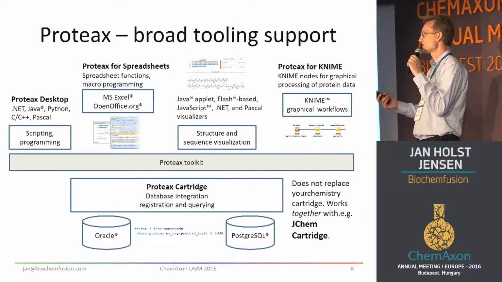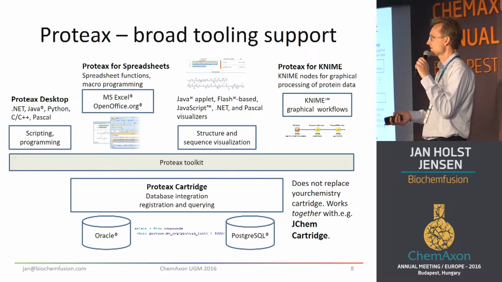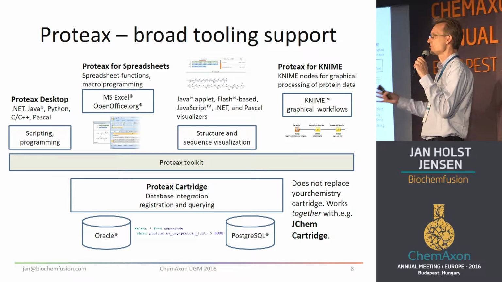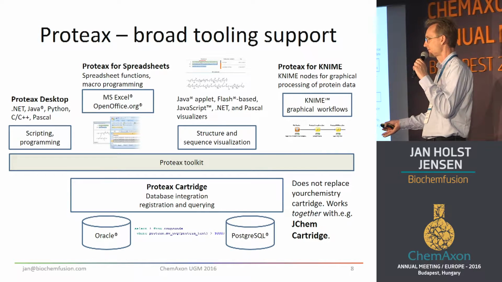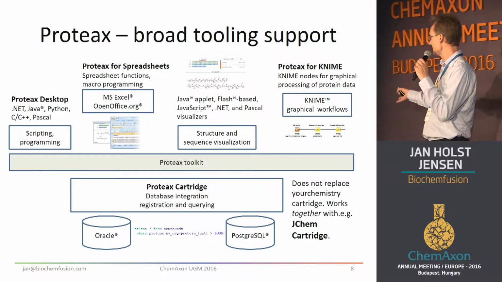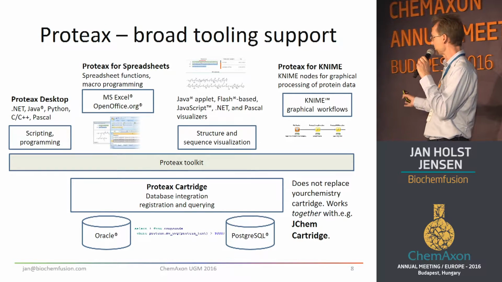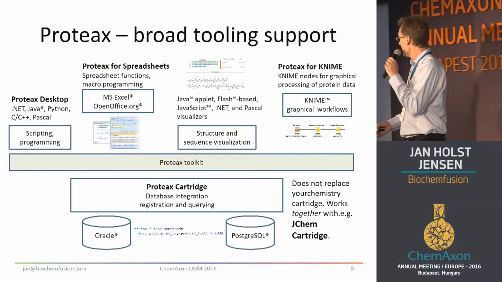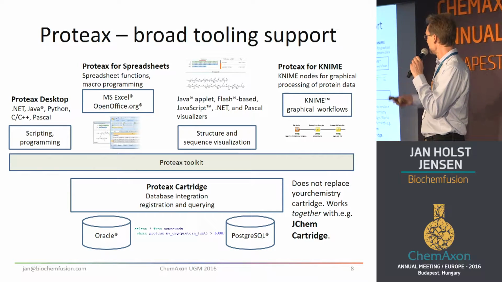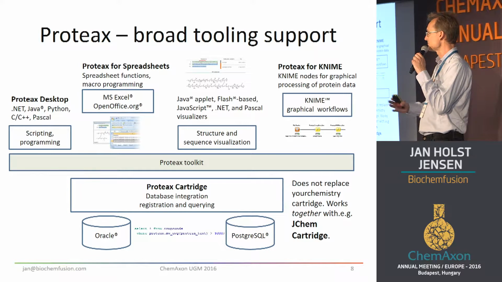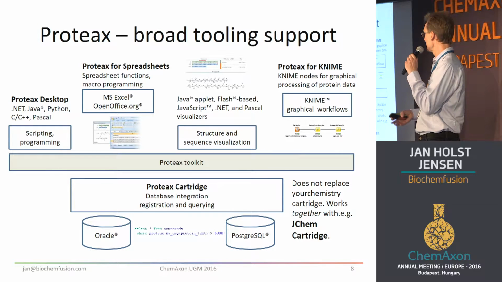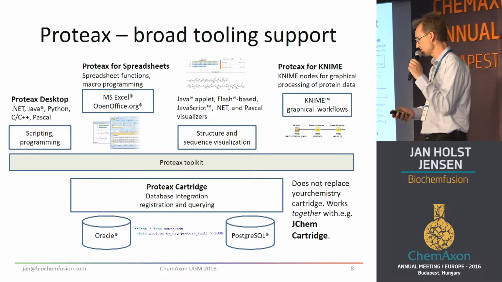It handles all the sequence stuff. The explicit chemistry we hand off to whatever chemistry engine you have, and that could easily be the JChem cartridge. Works fine with that. And of course, we have all the other components that we use to build the client side and the Excel integration.